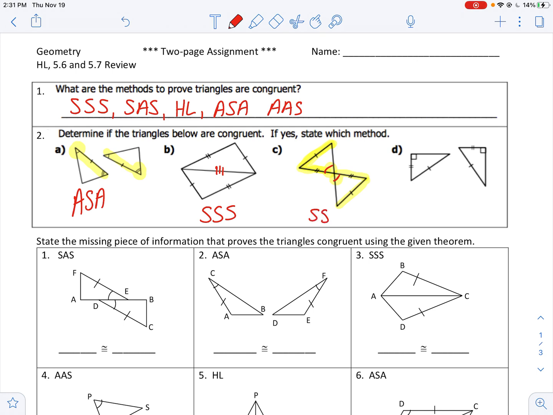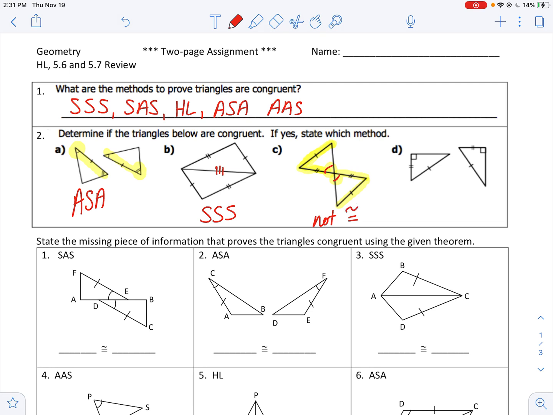So 2 sides in a row, and an angle, and that's not going to work. And the way that you can check that that's not going to work, if I write that backwards, which I am absolutely not going to do, but if I wrote it backwards, that would not be a good thing to put on a test, so don't use side, side, angle. That's not one of our 5 properties. So these, we would say, are not congruent.